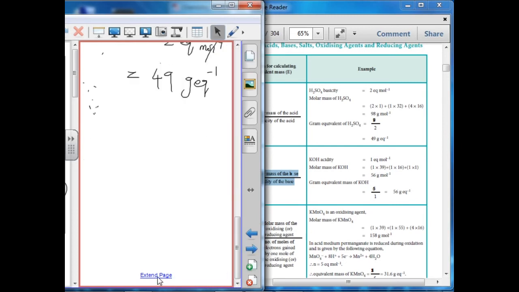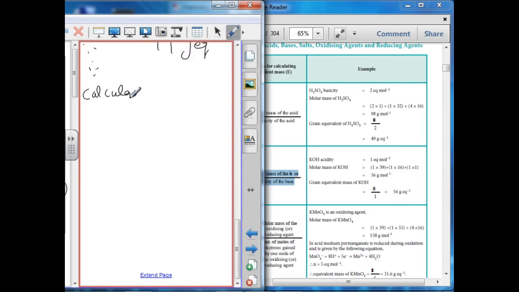Now, an example. For example, calculate the gram equivalent mass of KOH.